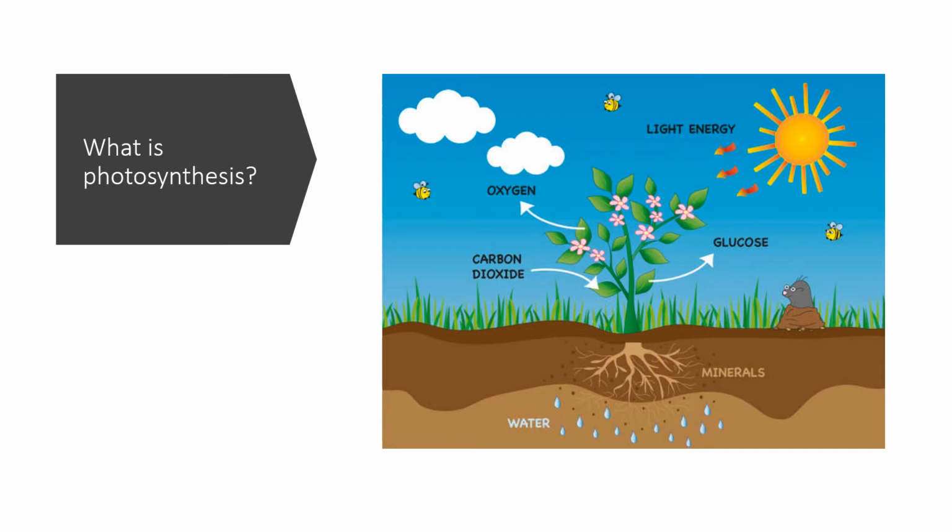The chlorophyll in the leaves uses the sunlight to change water and carbon dioxide into sugar and oxygen. The plant expels oxygen back into the air and uses the sugar as food. This food allows the plant to live and grow.